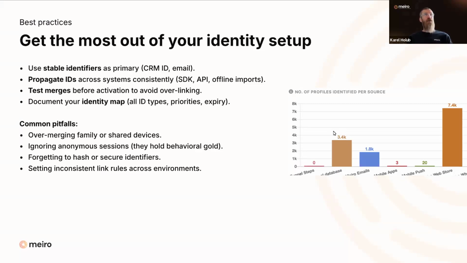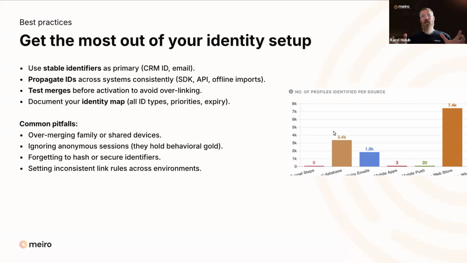The ID of the profiles can be really propagated across the systems, and I cannot stress more to test the merges before activations to avoid super complex entities and overlinking of the profiles. Sometimes we see, I would say, too optimistic or too benevolent rules for merging of the identity that would create a super profile. What do I mean by super profile?